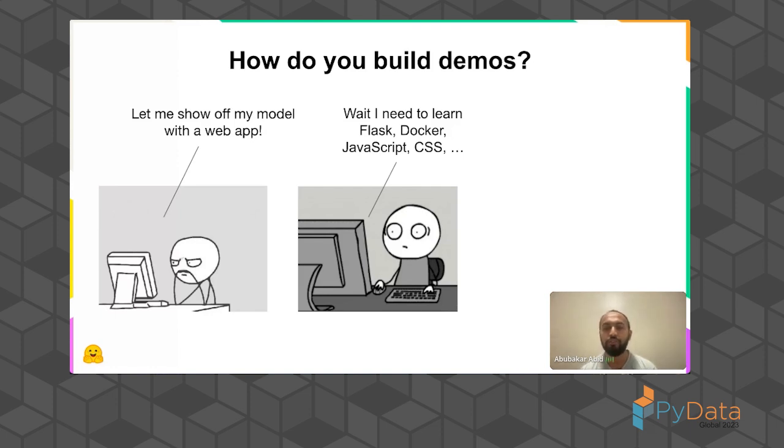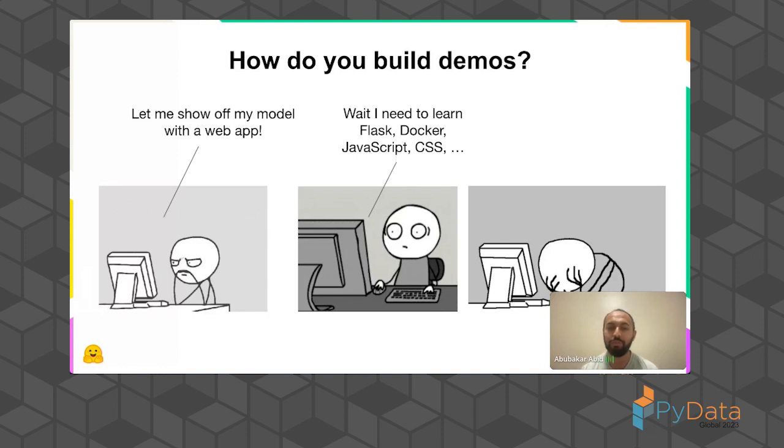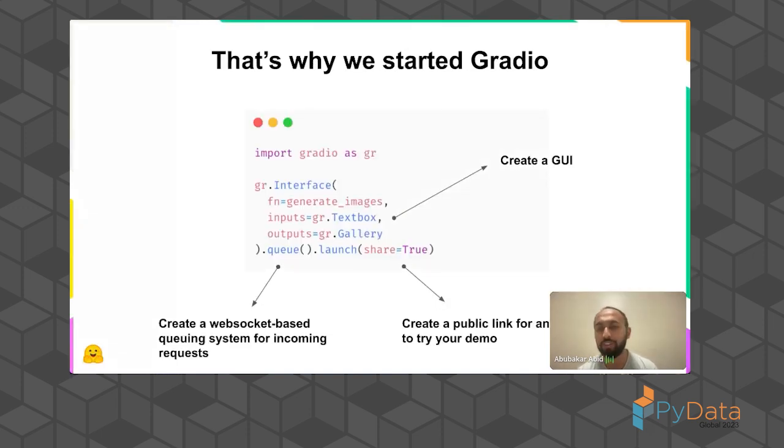And so a lot of folks would be like, it's okay, I'll move on to the next project I have in mind. We'll just let this machine learning model gather dust in a GitHub repo somewhere. So that's what we wanted to change, and that's why we started Gradio.